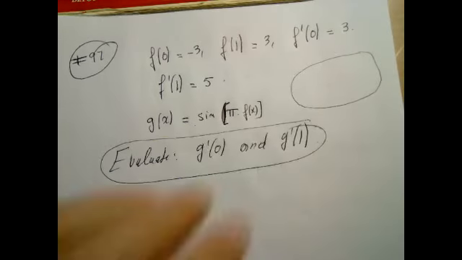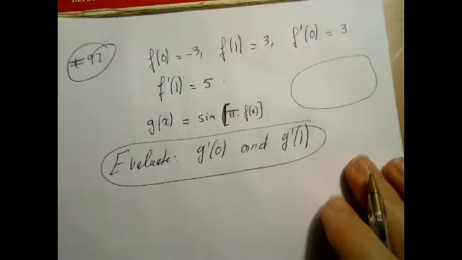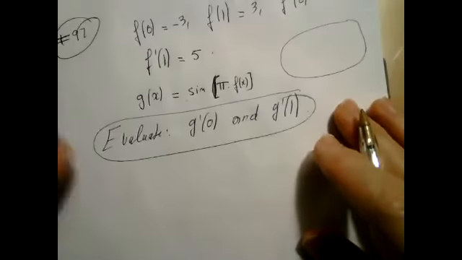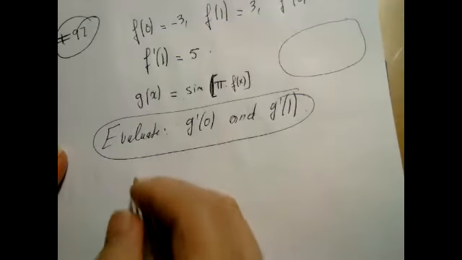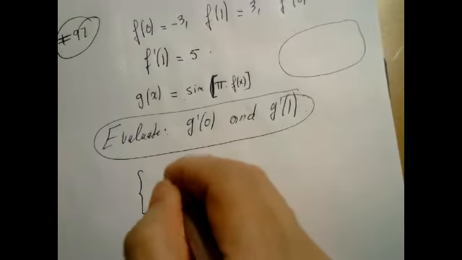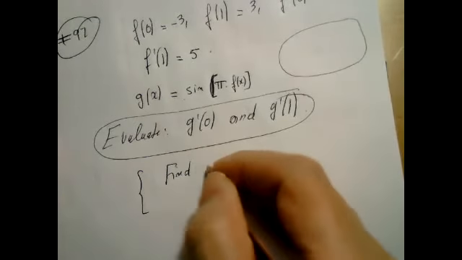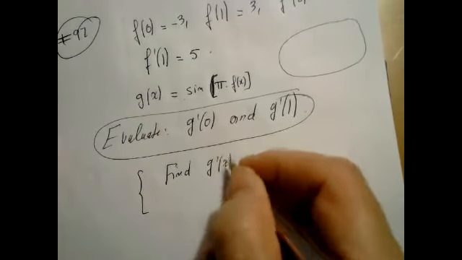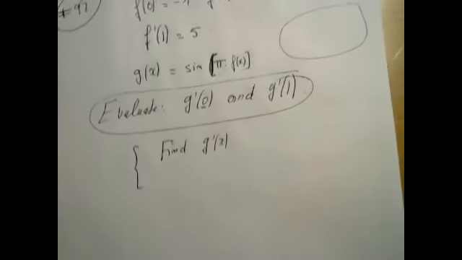Now we want to find g prime at 0, and Elizabeth is telling me to use the chain rule. All right, we're going to use the chain rule. First we find g prime for any x, and then we zoom in at 0.